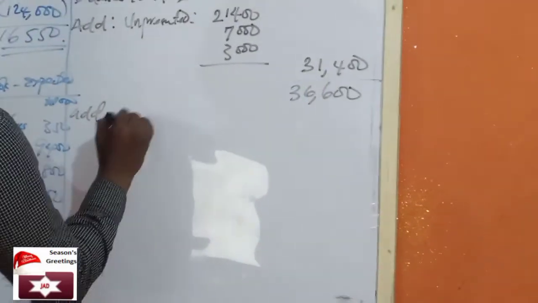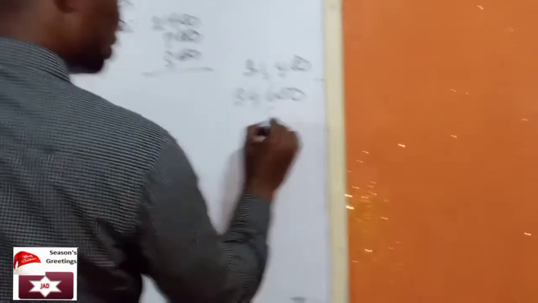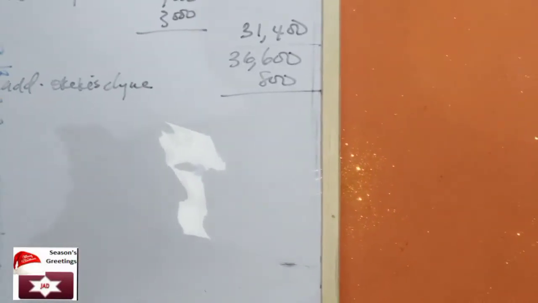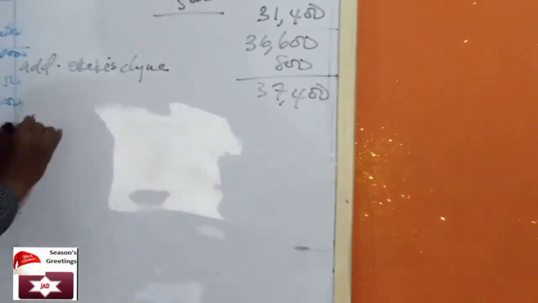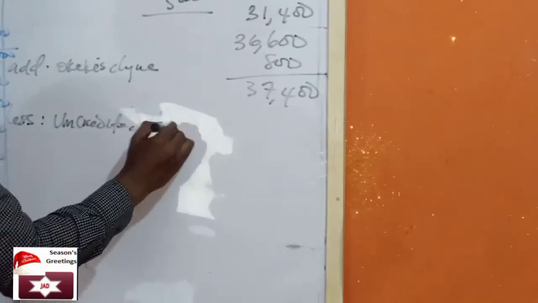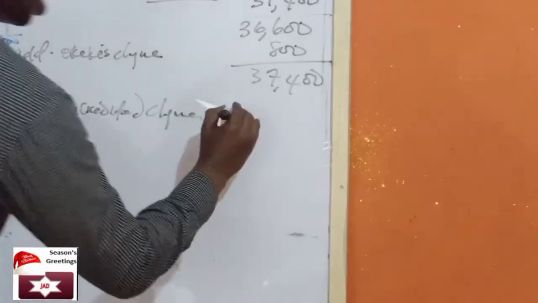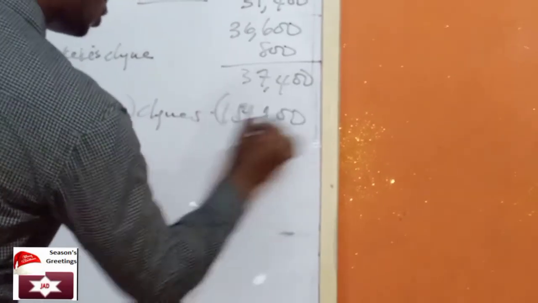We also added Okeke's check, which is 800. That'll be 37,400. So less uncredited checks, that's 154,200. So that's less.